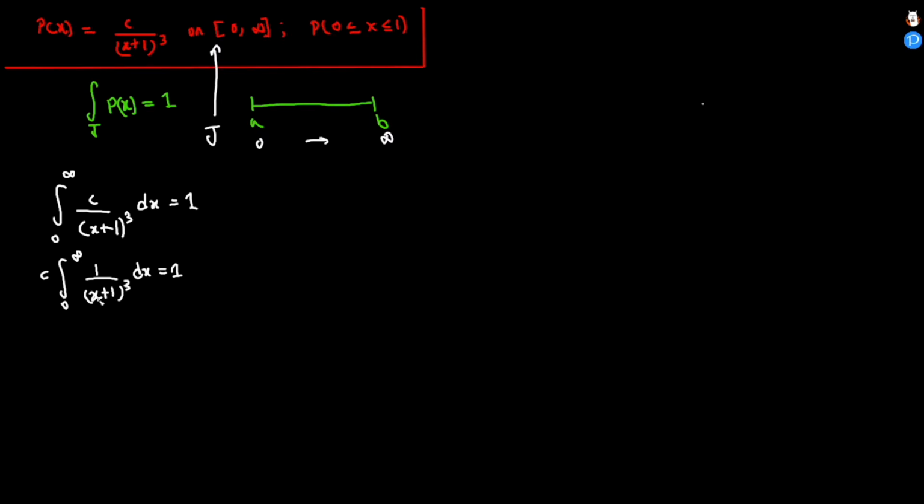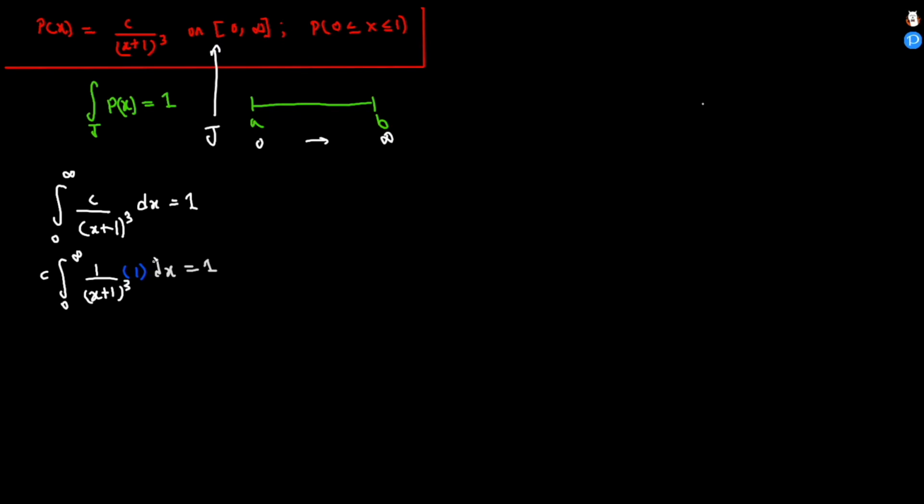In this case, we can notice that if we differentiate this inside function, we get a constant, and that's exactly what we have outside. So it's 1 dx essentially. It might make it a little clearer to look at this as 1 times dx equals 1.